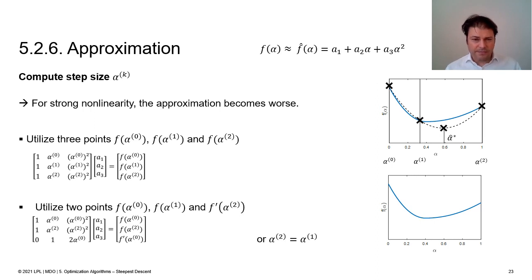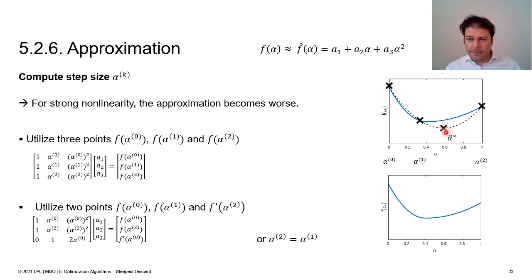So this slide is to show you that, of course, when your function that you're trying to approximate becomes strongly nonlinear and is not well represented by a polynomial, then the estimate of your optimal step size could significantly deviate from the really optimal step size.